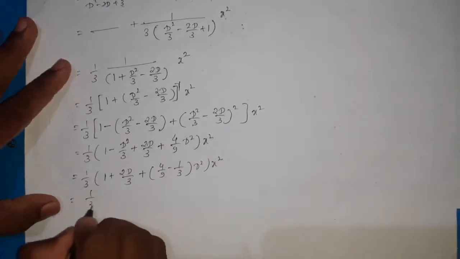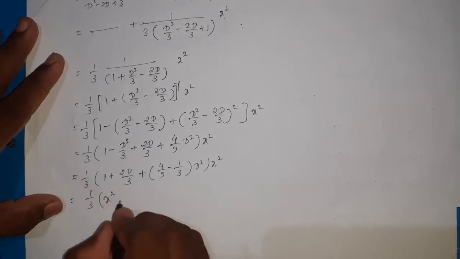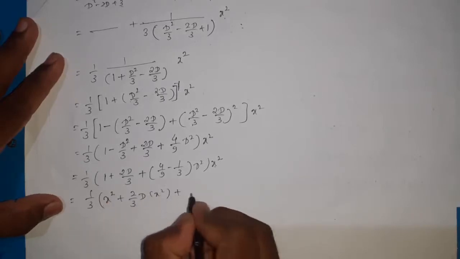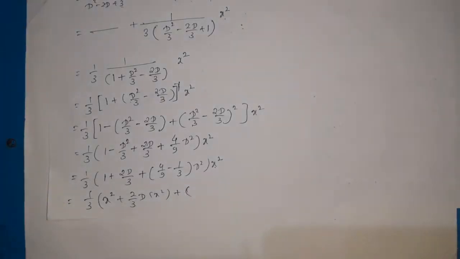Then it is 1/3 [x² + 2/3 D(x²) + (1/9) D²(x²)], where the LCM is 9.